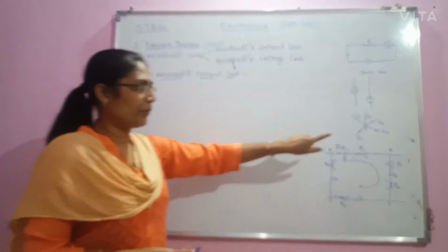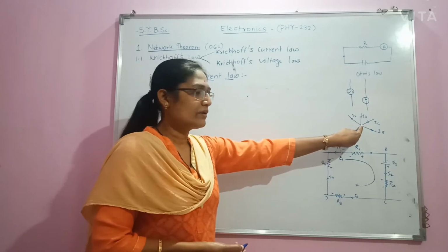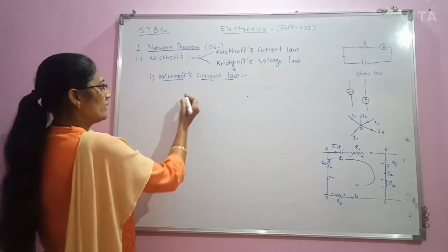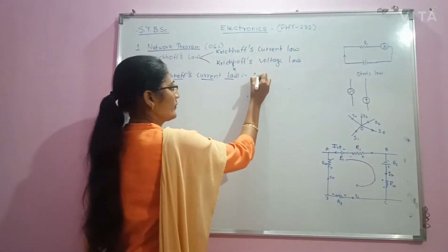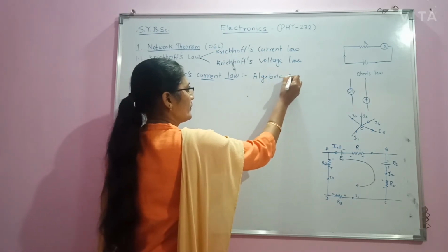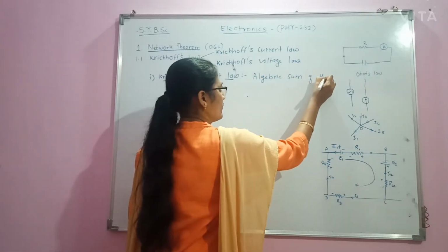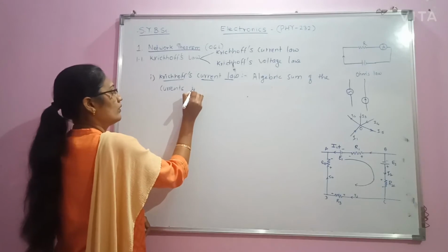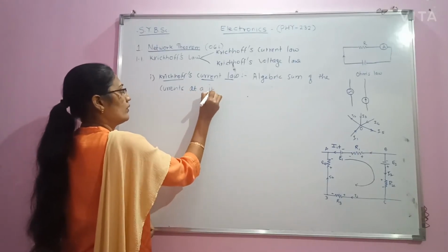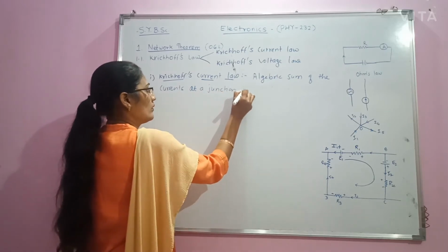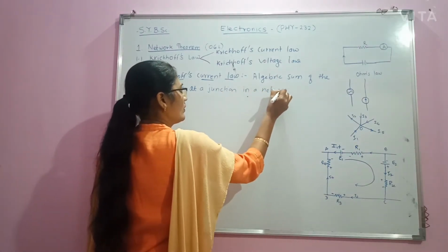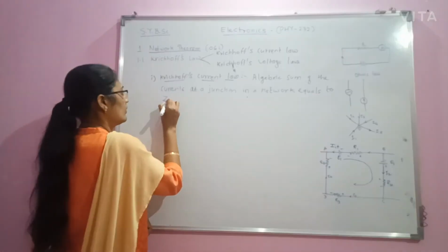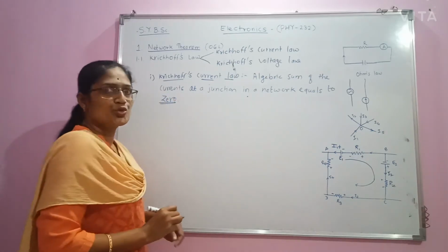The algebraic sum of the currents at a junction in a network is equal to 0. This is the statement of Kirchhoff's current law.